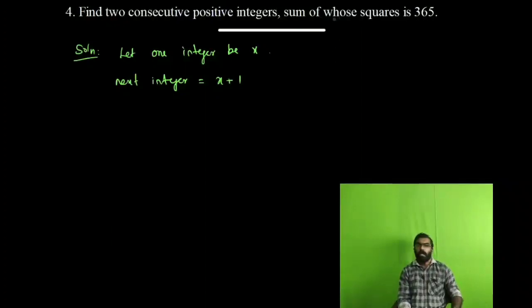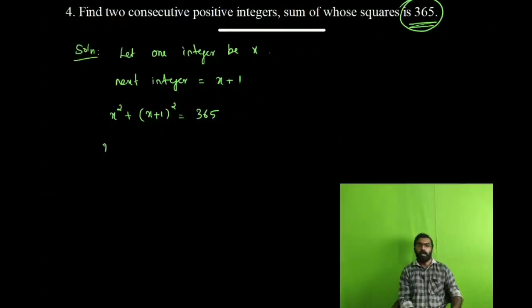And here the sum of whose squares is 365. So we can write x square plus x plus 1 the whole square is equal to 365. I repeat, x square plus x plus 1 the whole square is equal to 365.